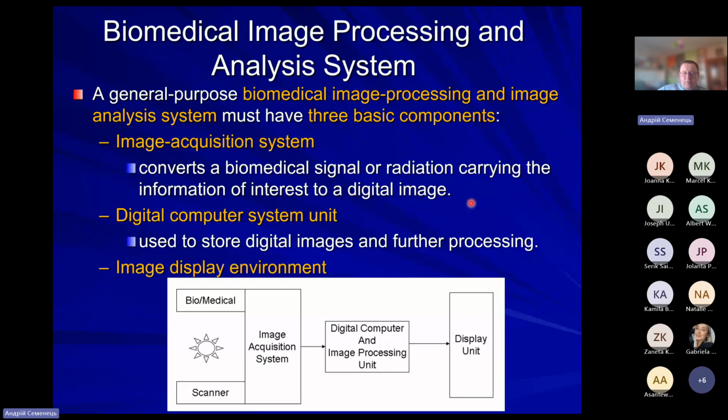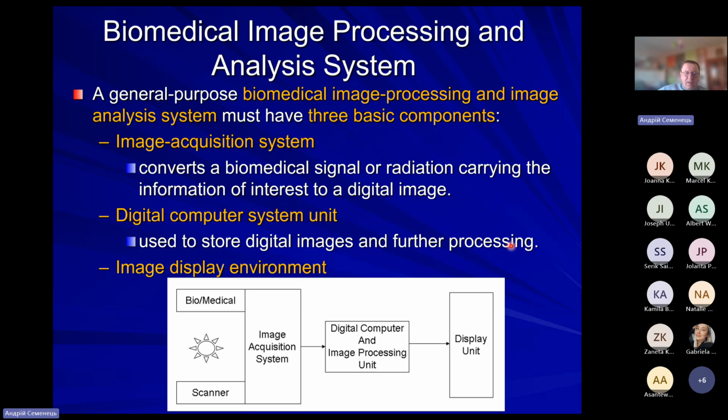In the case of diagnostic equipment, it has to convert a biomedical signal or radiation carrying information of interest into a digital image, or at least a digital signal. To be correct, an image acquisition system at this level produces a digital signal rather than the digital image itself, a digital signal which represents the digital image.